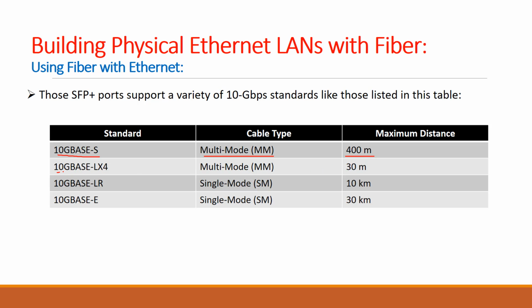For 10GBASE-LX4, you use multi-mode fiber with a maximum distance of 30 meters. With 10GBASE-LR, the cable type is single-mode and the maximum distance is 10 kilometers. And for 10GBASE-E, single-mode, the maximum distance is 30 kilometers.